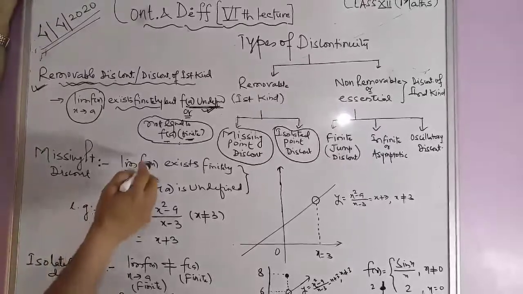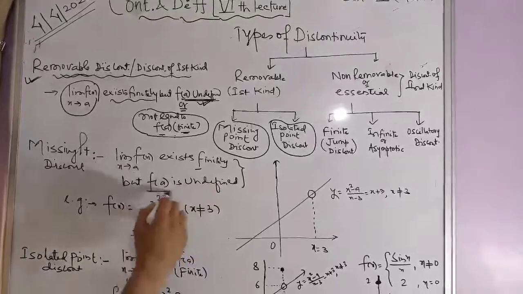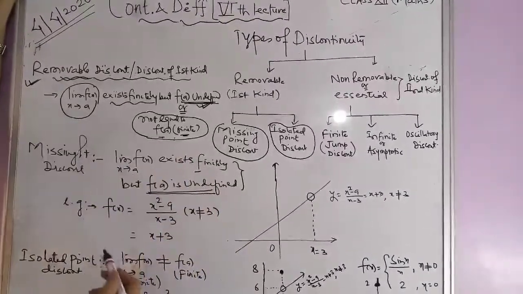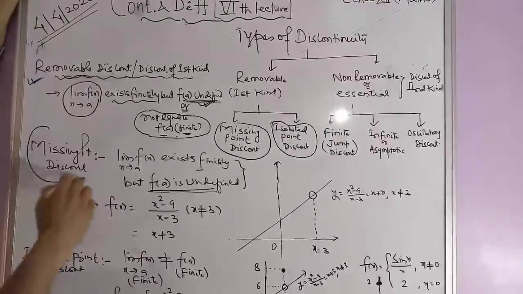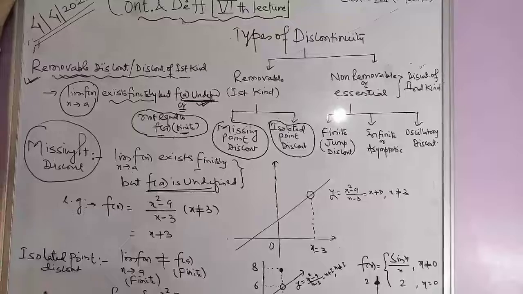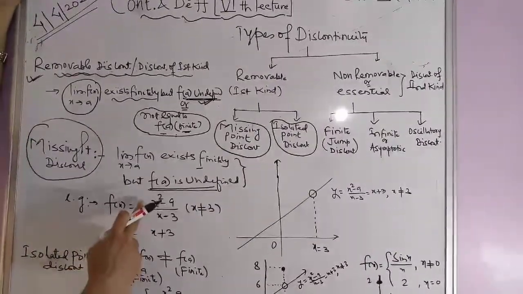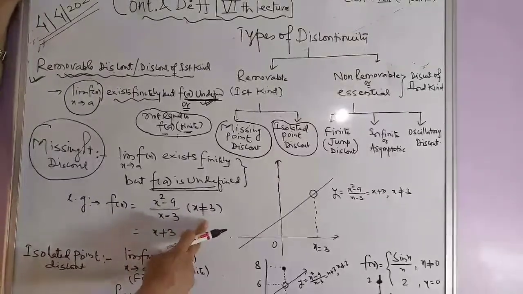Here, limit of f(x) as x tends to a exists finitely, but f(a) is undefined. In such case, removable discontinuity is called missing point discontinuity. For example, f(x) equal to x square minus 9 upon x minus 3, where x not equal to 3.